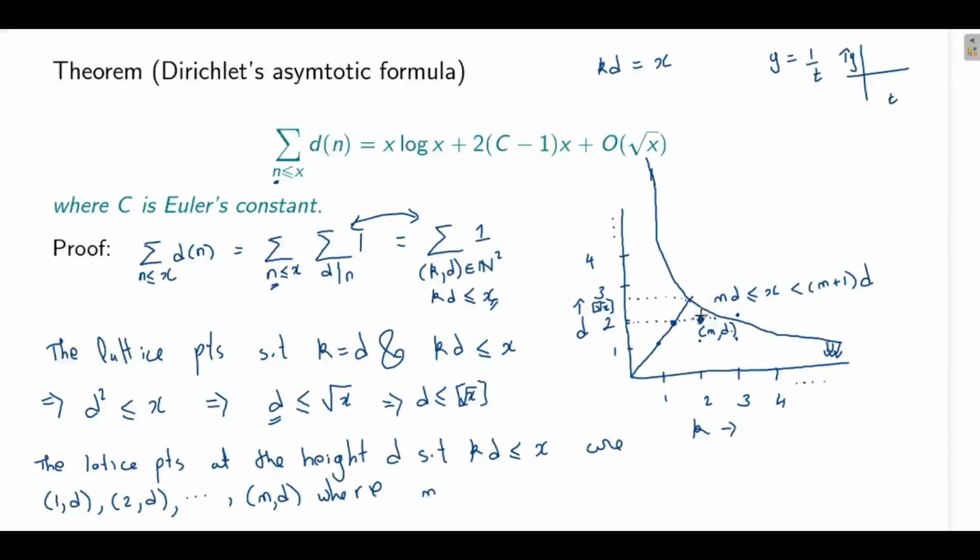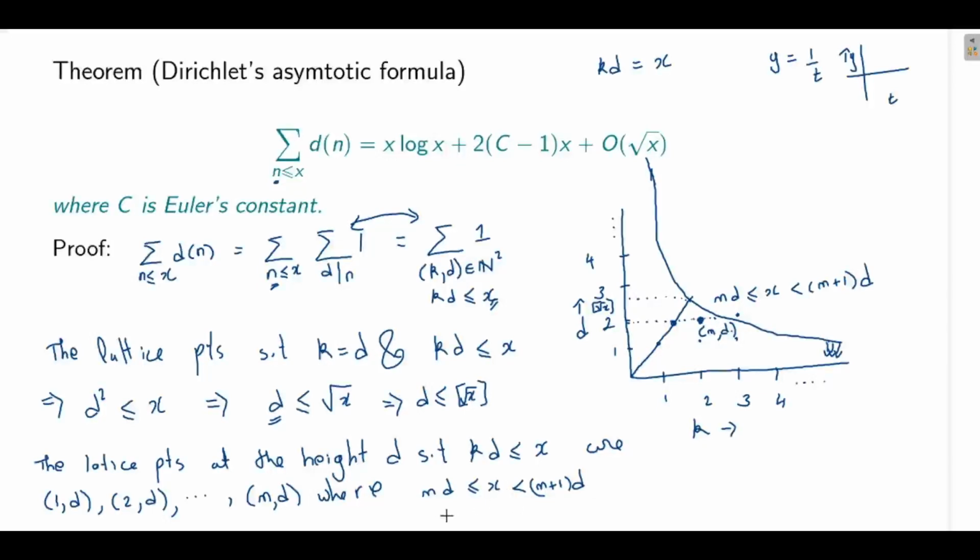Okay, that's the m which you are looking for. So m times d is less than or equal to x, strictly less than (m plus 1) times d.